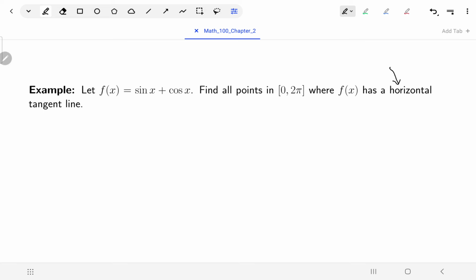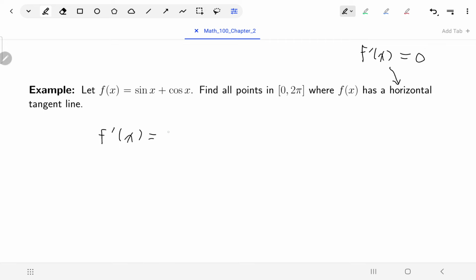The slope of my tangent line is the same thing as the slope of f of x, in other words, the derivative. So I want to find out, where is the derivative equal to 0? If you have a horizontal tangent line, the slope is 0, and if your slope is 0, then the derivative is 0. So first bit of business here, let's find our derivative.